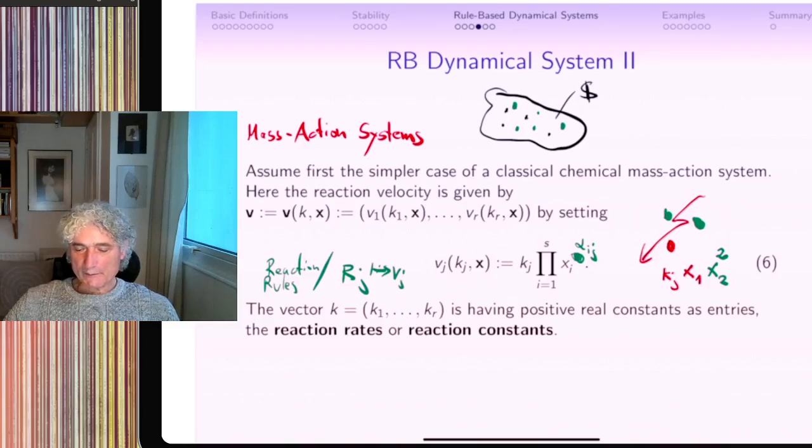Of course, remember, if some of the types are not present to form new particles on the source side of the rule or reaction, then you have concentration xi to the power 0, because the stoichiometric coefficient would be 0. So that would give you a 1, and therefore it would not contribute anything to the reaction velocity Vj.